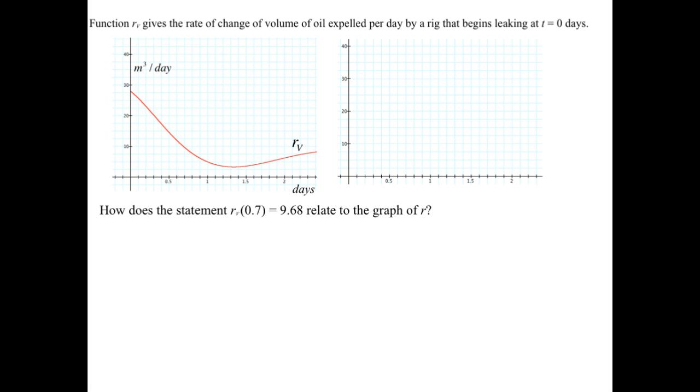So here's a statement: r sub v of 0.7 equals 9.68. The question is, how does that relate to the graph of r sub v? At 0.7 days, the rate of change is 9.68 meters cubed per day.